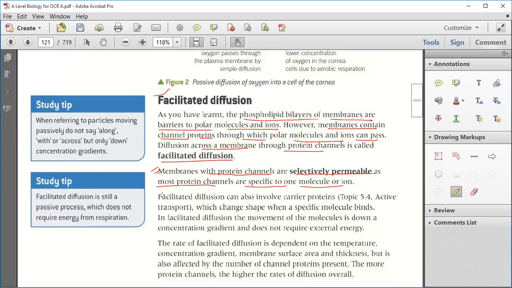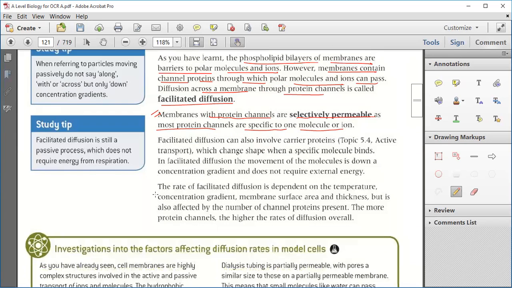Okay. Now facilitated diffusion can also involve carrier proteins, which change shape when a specific molecule binds.